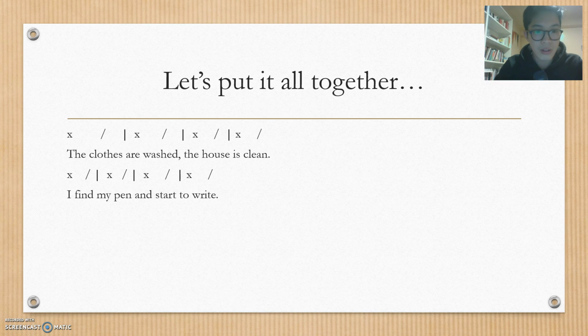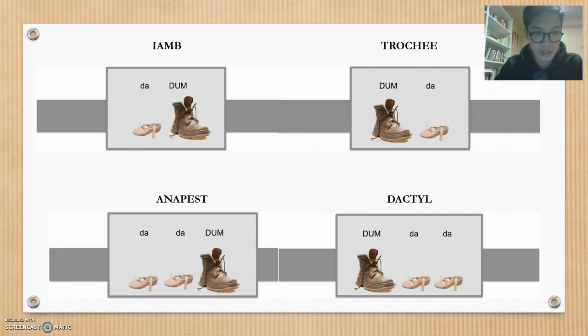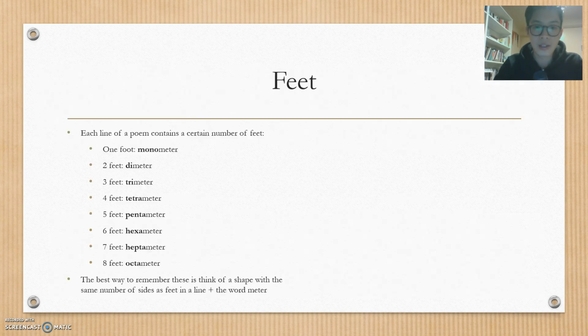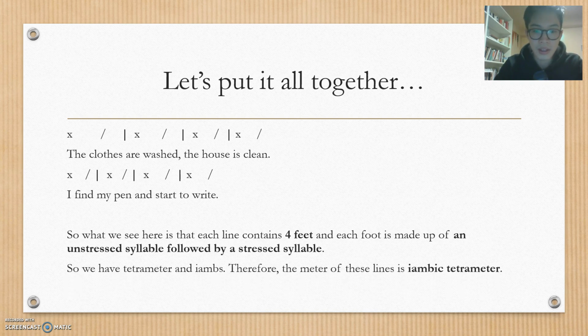Now we have to describe the syllables in these lines of poetry. What we see here is that each line contains 4 feet, and each foot is made up of an unstressed syllable followed by a stressed syllable, which is da-dum, an iamb. So what that means is that these lines of poetry are iambic tetrameter.